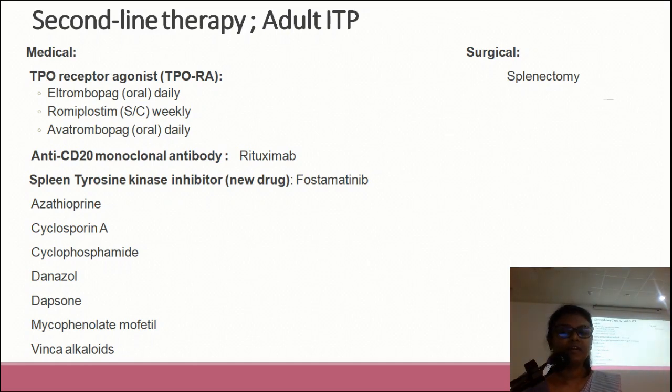Patient education is again important, and antibiotic prophylaxis following splenectomy.